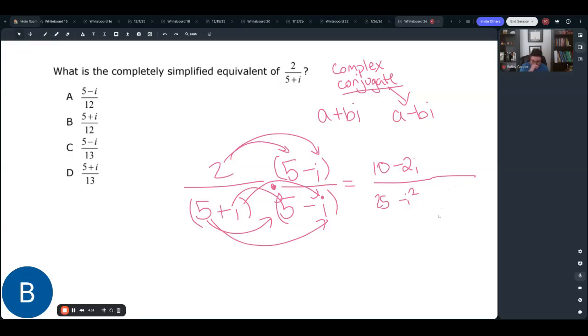And now you might be thinking, hey, wait a minute, that's not any of the answer choices up here. So what gives? I alluded to this earlier, but we can actually continue simplifying i squared. i squared, definition of i, right? i is just the square root of -1. It's not like x. It's not some random variable that we don't know what it is.